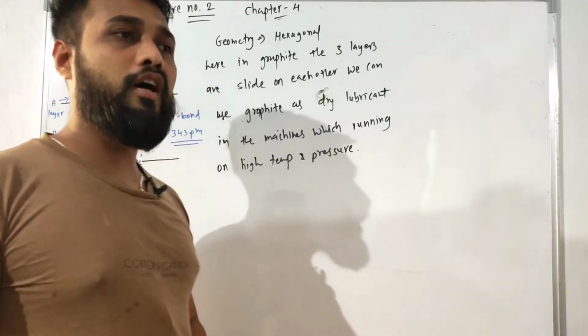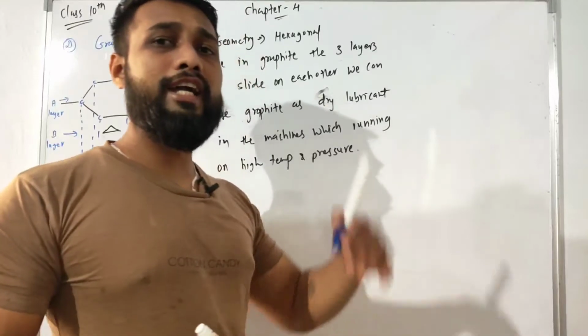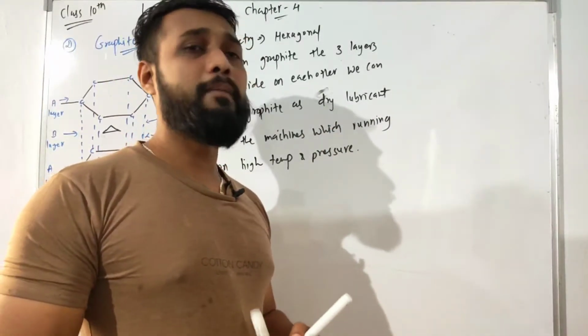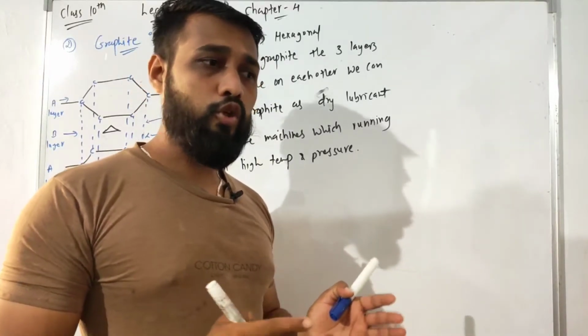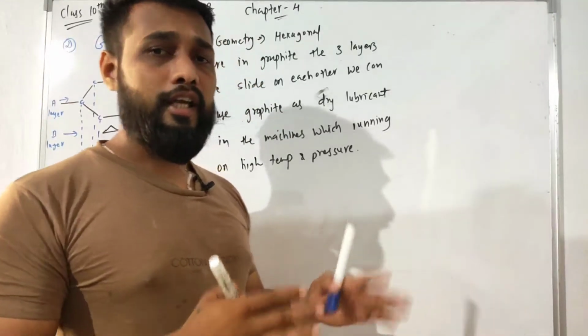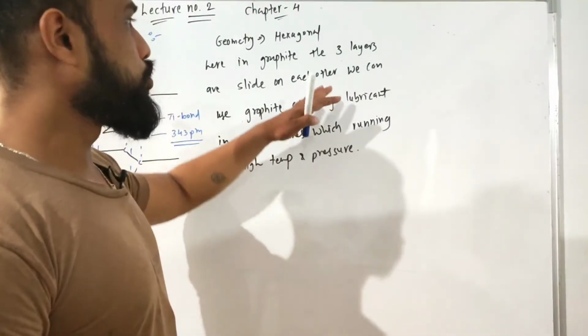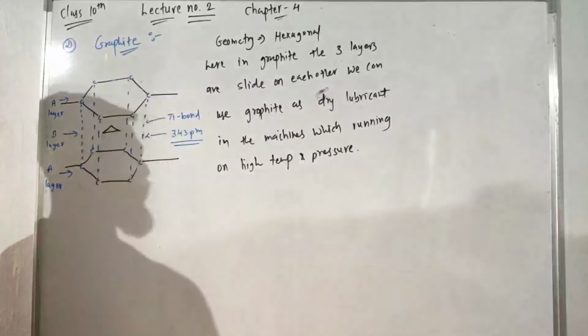Because if any machine is used at high temperature and pressure, we cannot use oil because it burns the oil. So lubricancy is not there. Instead of using oil in those machines, we use graphite. Okay, clear?